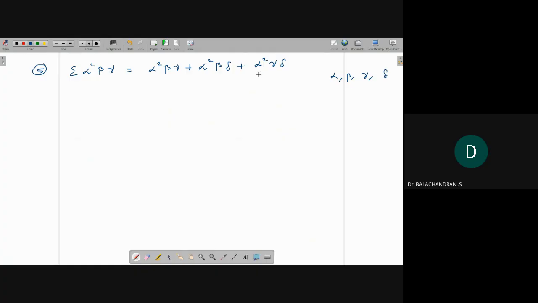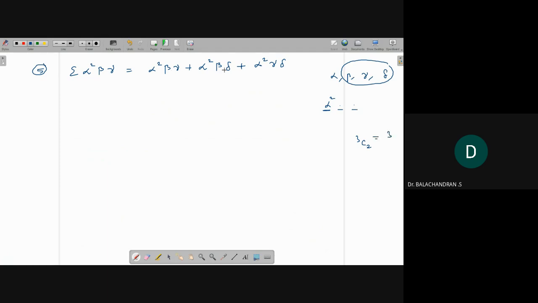I fix alpha square, and then there are 3 remaining positions. Always here the first position is alpha square. Out of the remaining 3, I need to choose 2. So 3C2, so 3 ways.